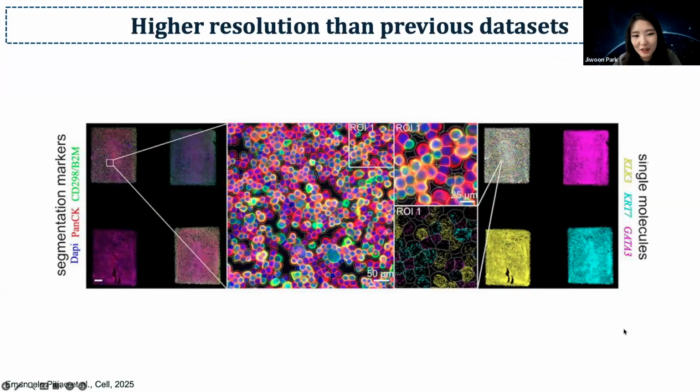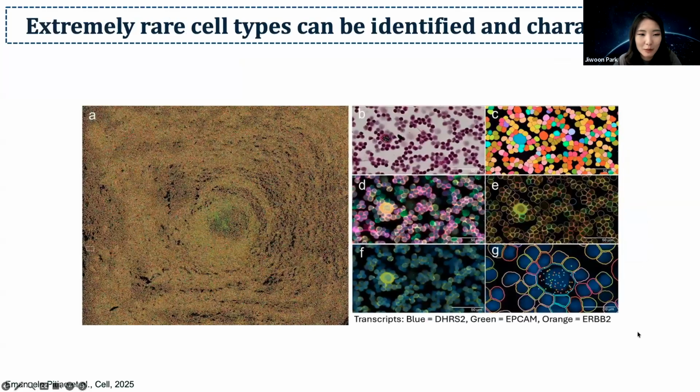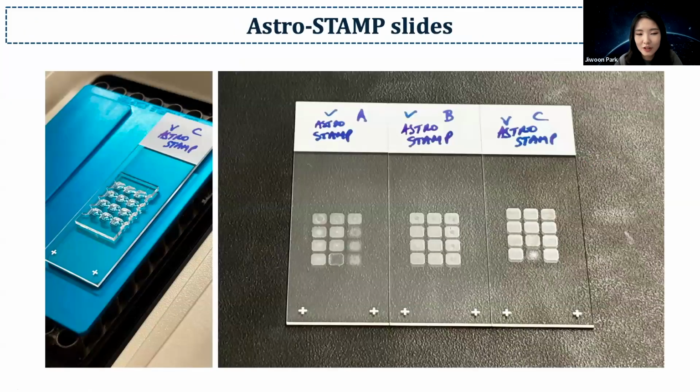We get to understand the subcellular resolution of the transcripts, but also profile a lot more cells in a single slide or a single library by putting the cells onto the slide instead of doing isolations and running the single cell library.